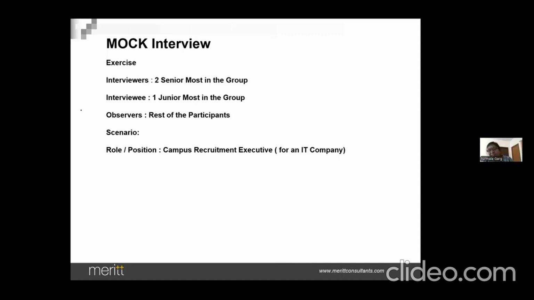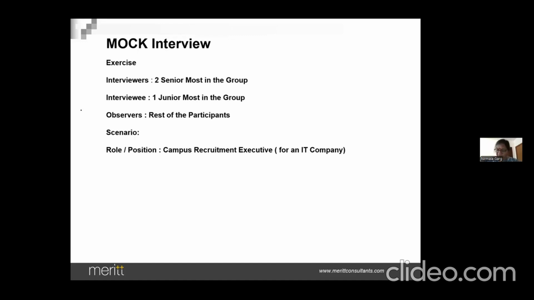Nishant will be the observer, and Nishant also is an interviewer. Two interviewers, and Soumya is the candidate, and Paul is the observer. I'm not giving you any instructions, but just watch out.